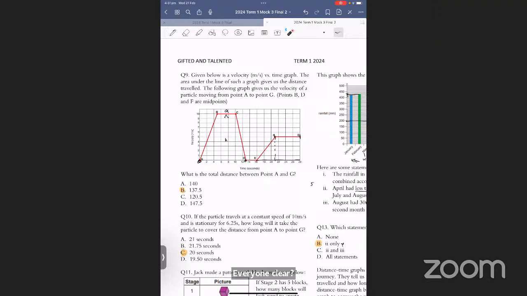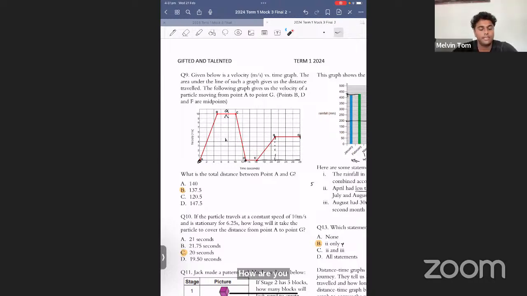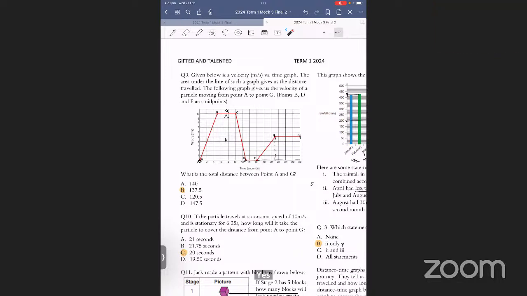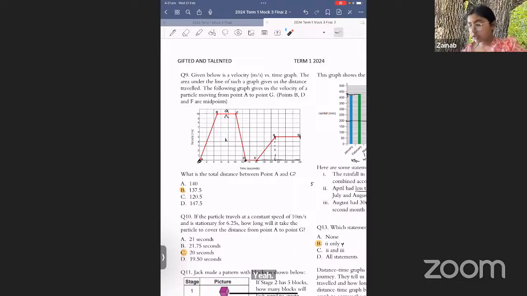Zainab? My question is, where it says the total distance, it says something else. It says that given that points A and G correspond to locations A and B respectively, what is the total distance between them? Yes, so that was the older version.